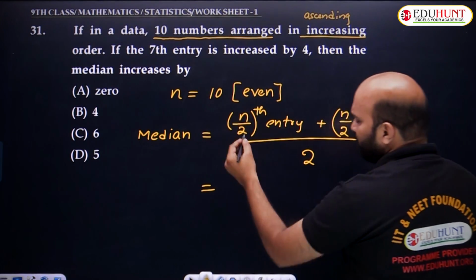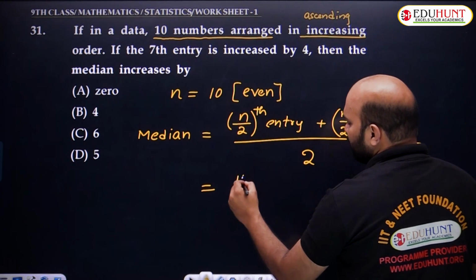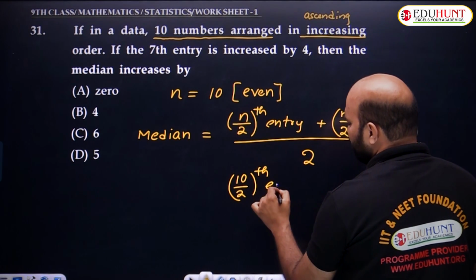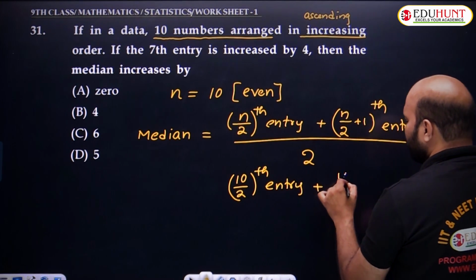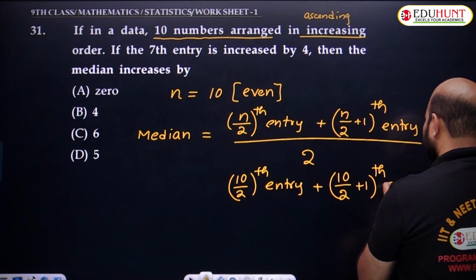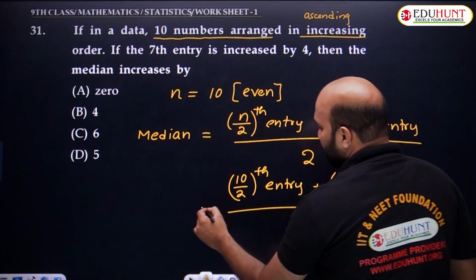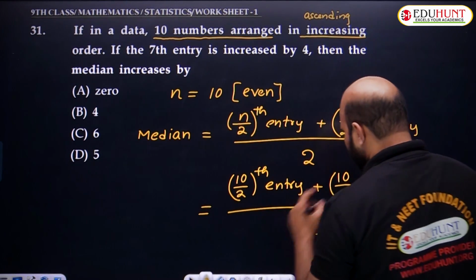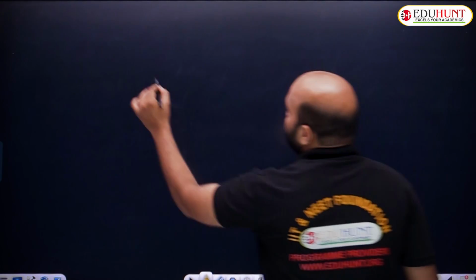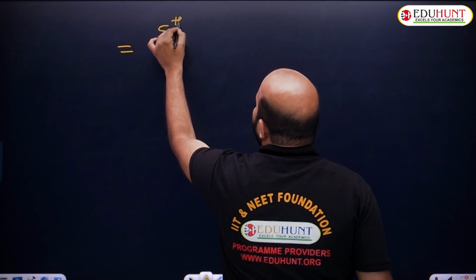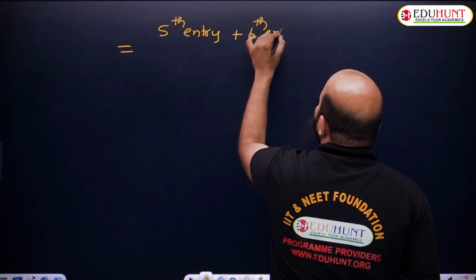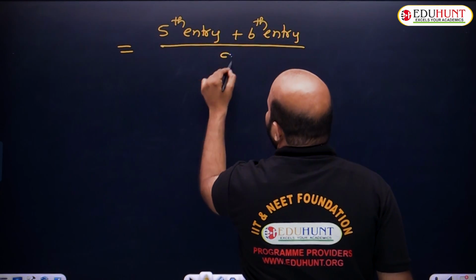Here n equals 10, so 10 by 2 entry plus 10 by 2 plus 1 entry, whole by 2. That means the 5th entry plus the 6th entry, whole by 2. This is the median.